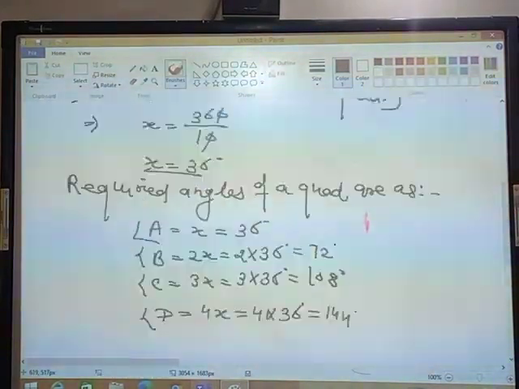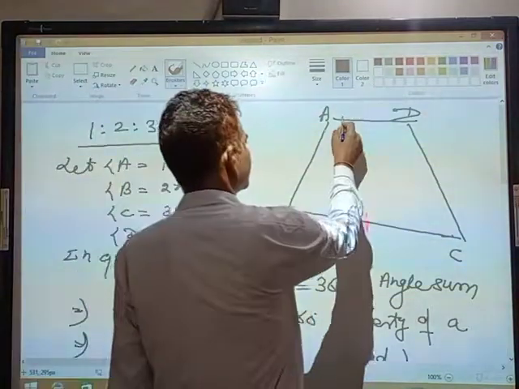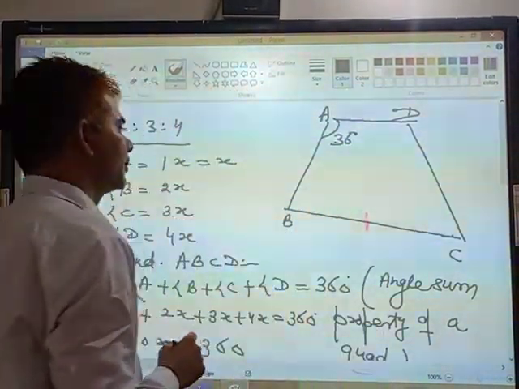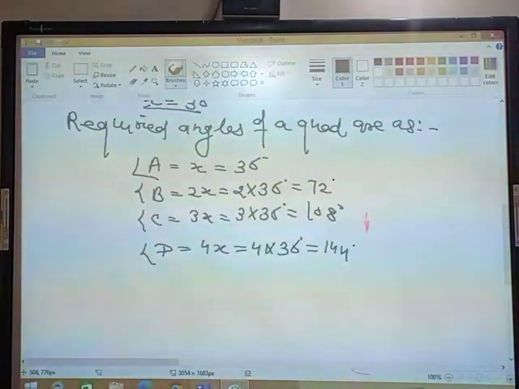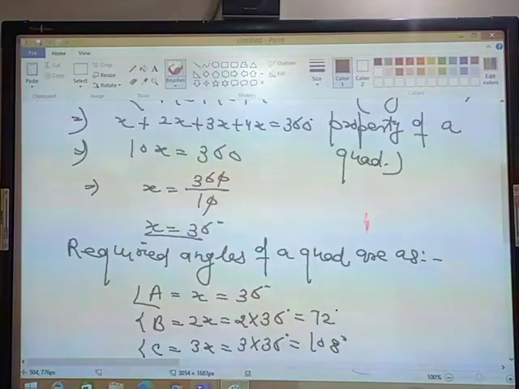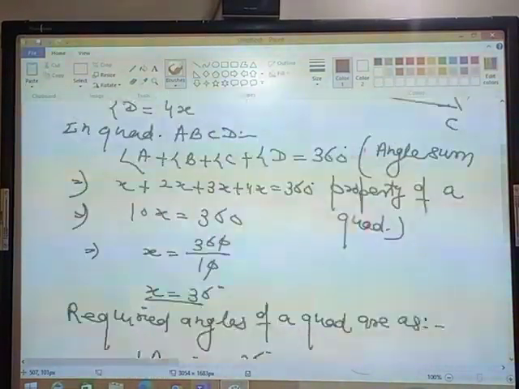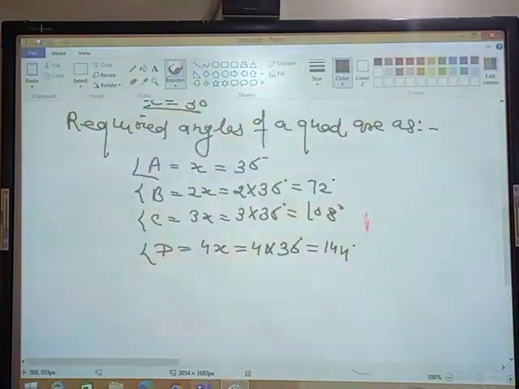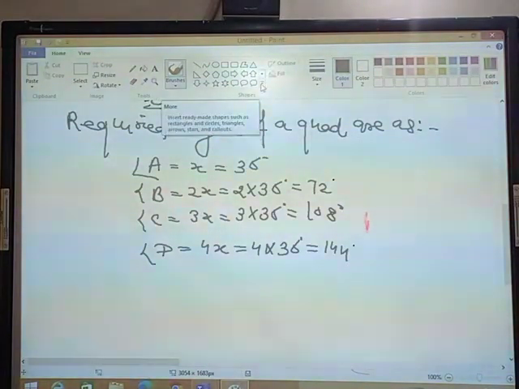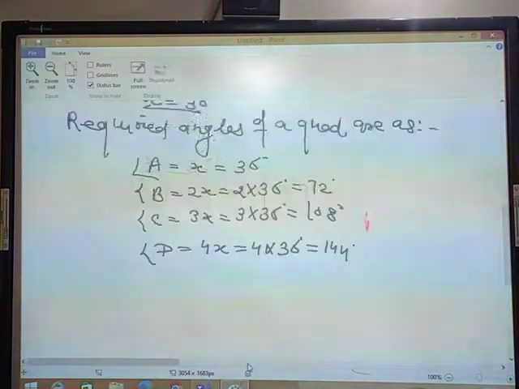Now angle A is 36, angle B is 72. Check that angle A plus angle D. What is angle A plus angle D?